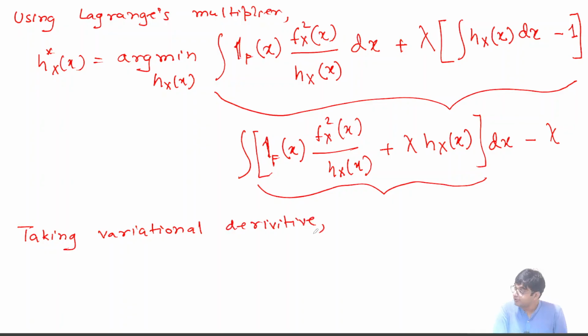what will happen to the first term? The indicator function and fx are not functions of hx, so they are like constants and will stay as they are, and then I have a 1 by hx which will become minus 1 by hx square.